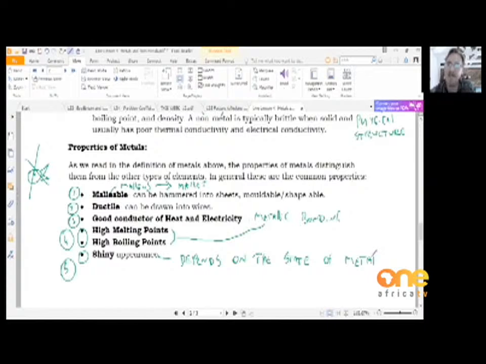What do I mean by state? Take a chunk of shiny metal, throw it into the sea for 5 years, drag it out, it's going to be rusty and tarnished. It's not going to be shiny. But if you take something metal, like maybe you've got a silver bowl at home or something, and if you polish it, it'll be nice and shiny. As long as it's freshly prepared, it will stay shiny.